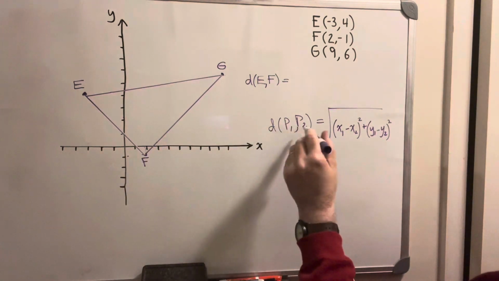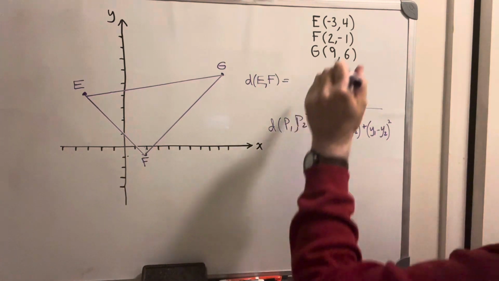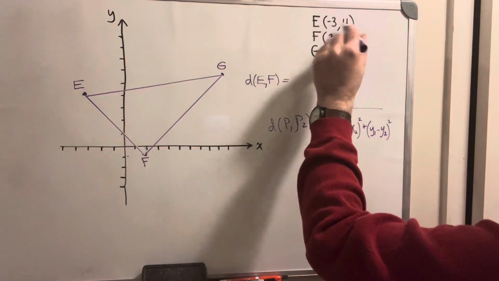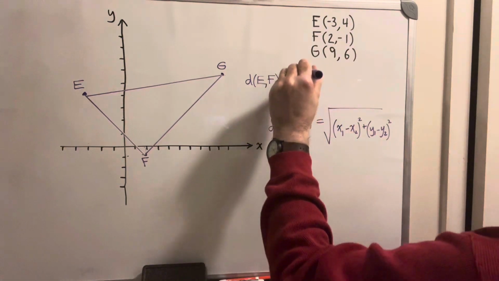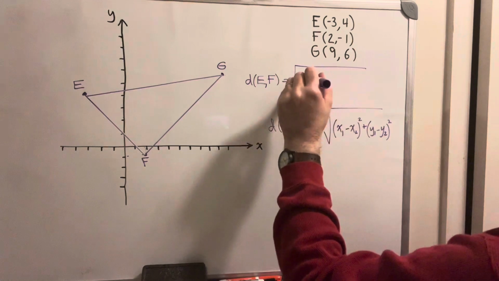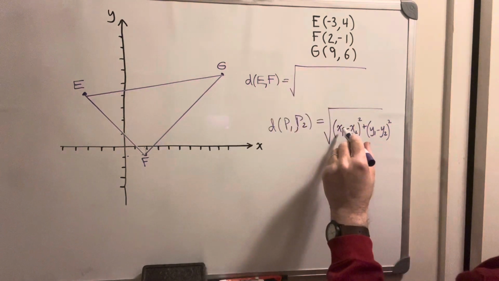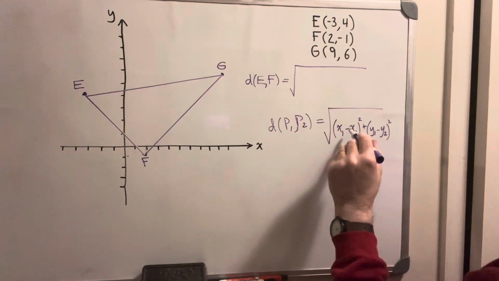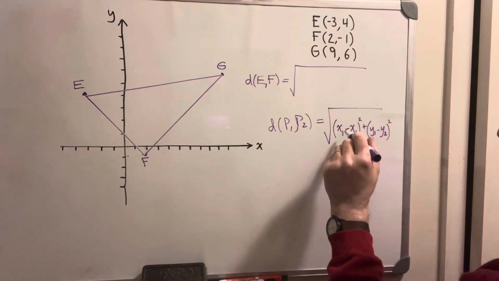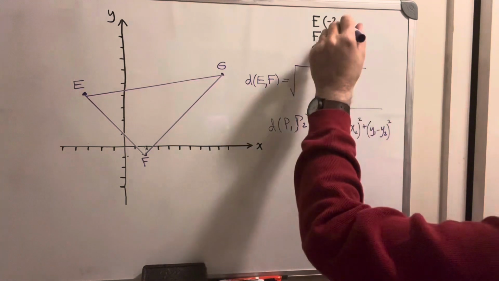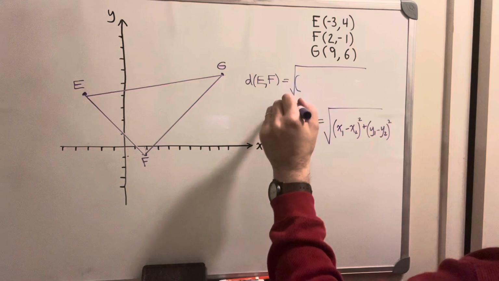Okay, so this is the distance formula. And here is our data for E and F. We're going to take the square root of, and x1 and x2 are the first values in the ordered pairs here. So let's take E.